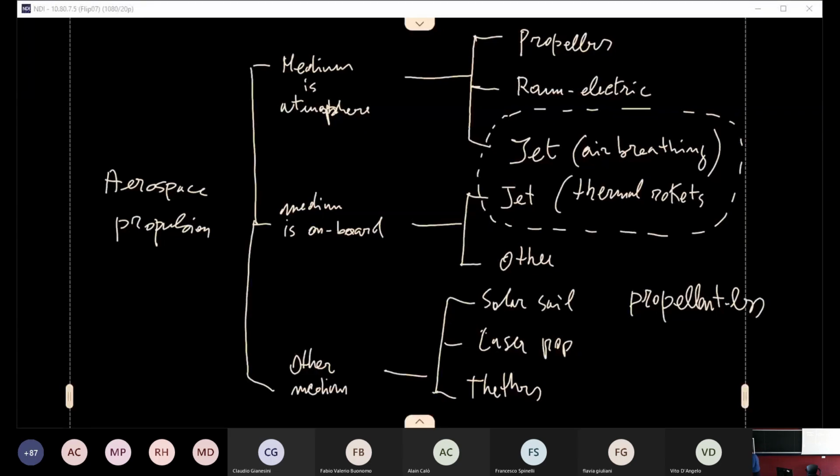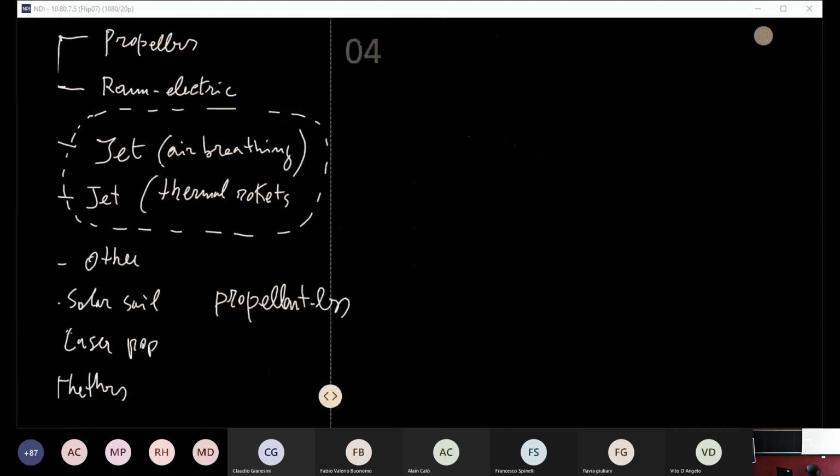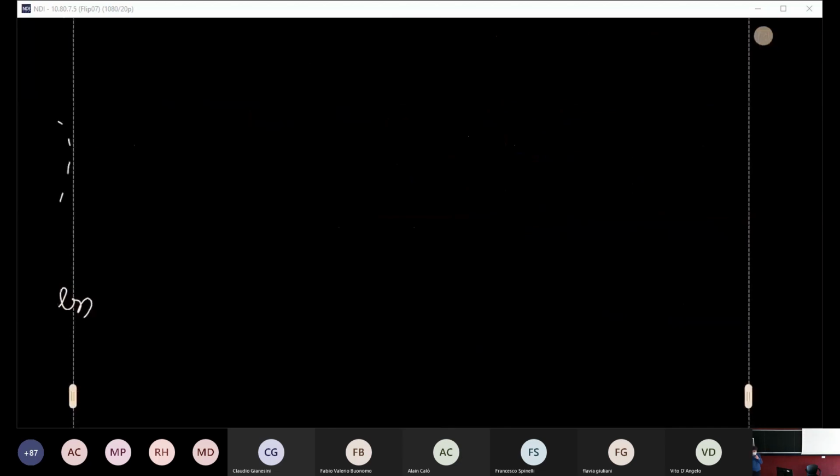You have to think so many things. Okay, let's pass now to the classification of rockets. And so you see here that I left something open. That is the part relevant to rockets. And to do that, we have to first define what will be the basis of our classification.